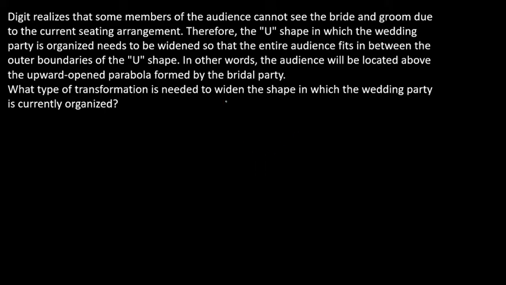So lots of information here, but there are some things we can focus on. We don't need to completely redraw that whole picture from before. We know that it's roughly shaped like this, right, where we had our bridesmaids and groomsmen, we had our vertex, we had our bride and our groom, and we had a line of symmetry.